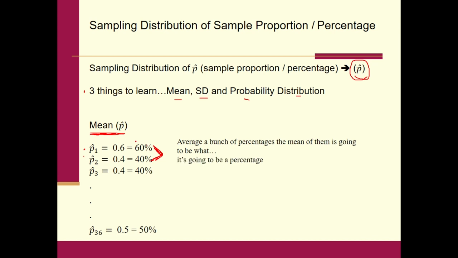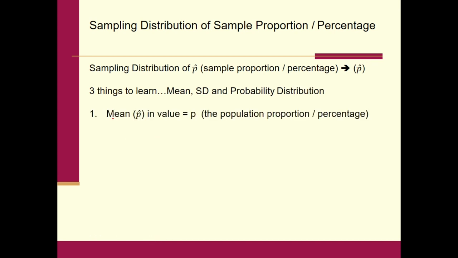And so don't be surprised that once we average all the possible p hats, not just the 36, but from every possible sample of a certain sample size, it's going to come back as a percentage. Don't be surprised over that.